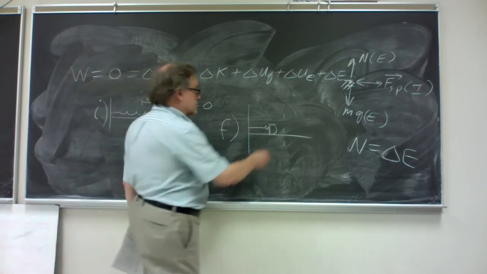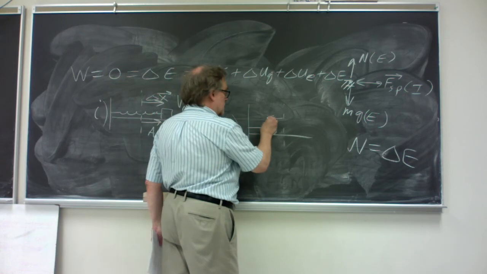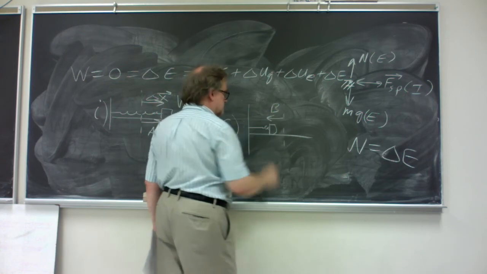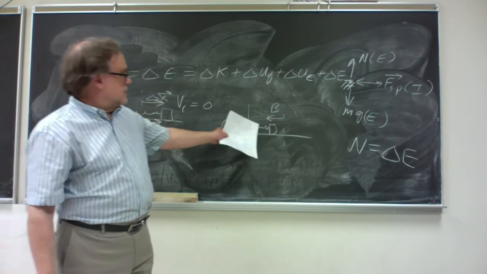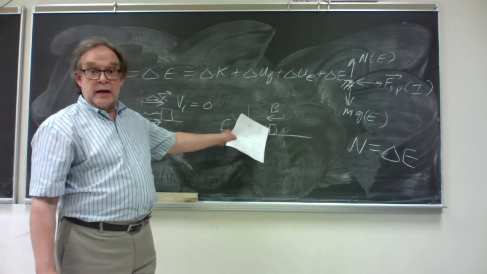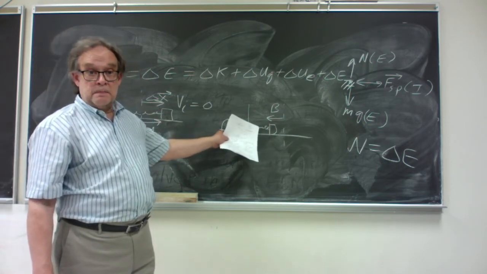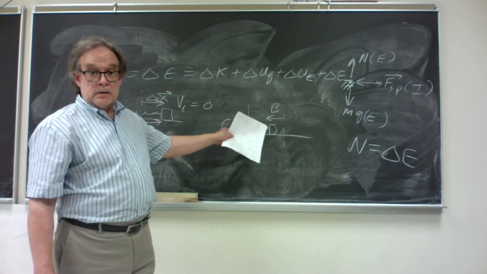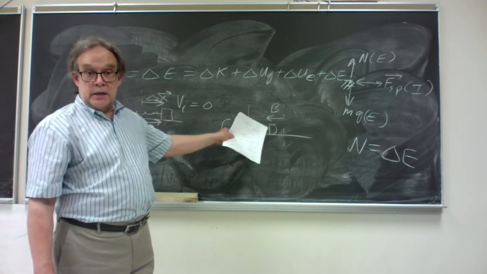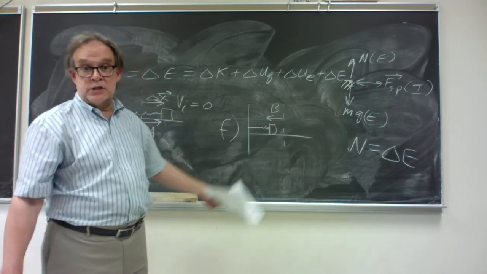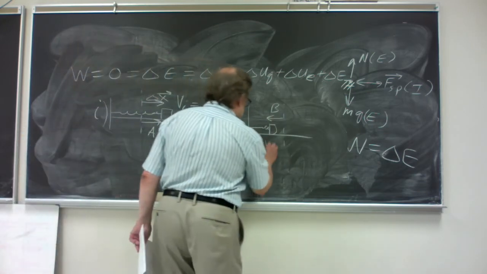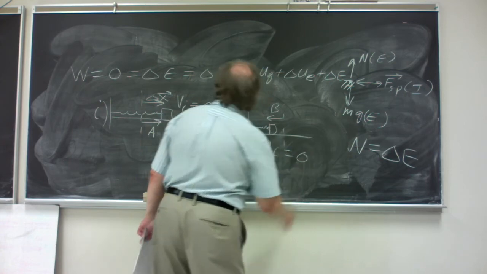We'll call that distance B. But in that final state, since it's not moving any farther to the left, and it's not yet started to move to the right either, at that moment it has come to a stop. Final velocity is 0.